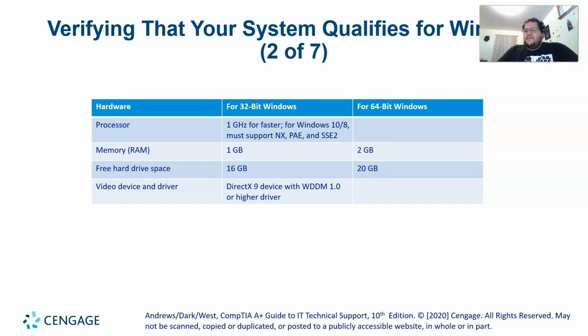So if I have, let's say, a 10 gigabyte hard drive, I can't upgrade to this Windows because I need at least 16 for 32-bit or 20 for 64-bit. You need at least 1 gig of RAM on 32-bit and 2 on 64-bit, and then your processor is 1 gigahertz. Pretty much all your processors are going to be fine now, but just keep in mind that each Windows has its own operating system requirements.